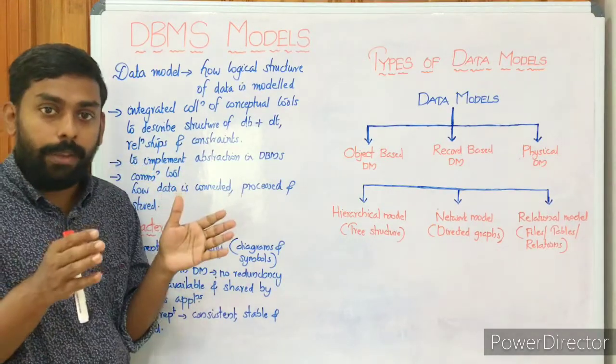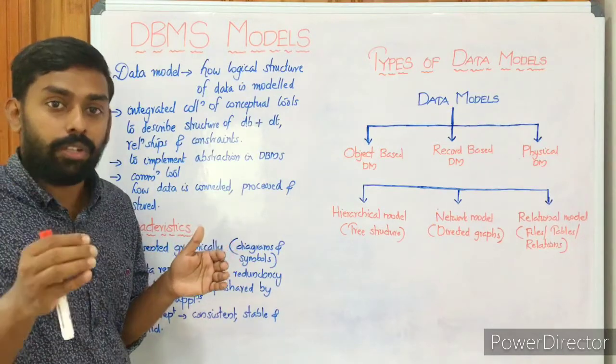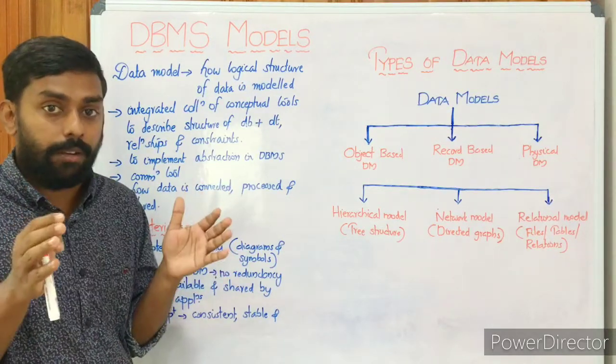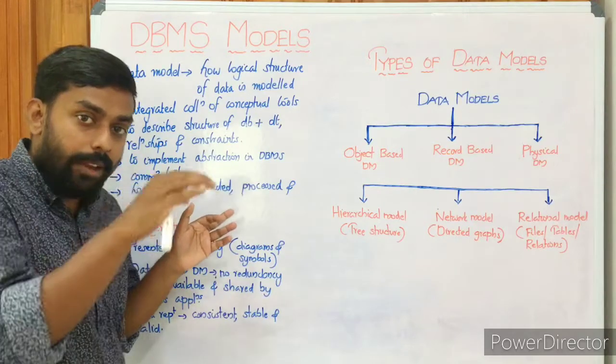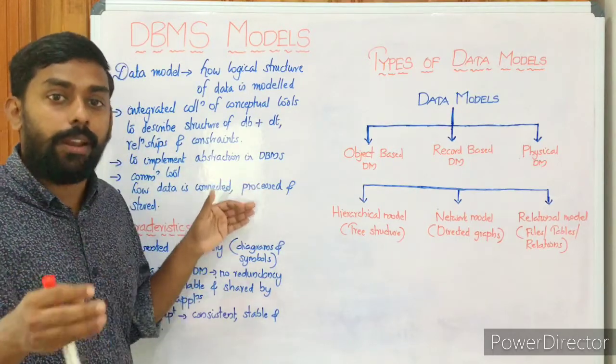Then it's a way to implement abstraction in DBMS. It's a communication tool. It connects different aspects of data, like how data is connected, how it is processed and how it is stored.